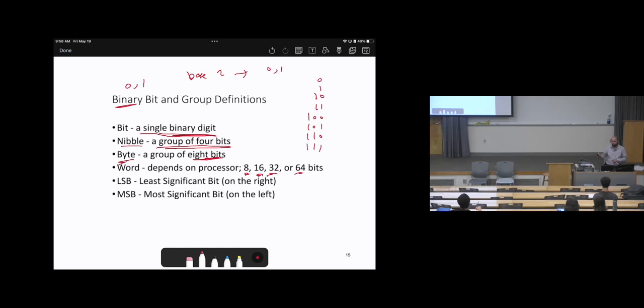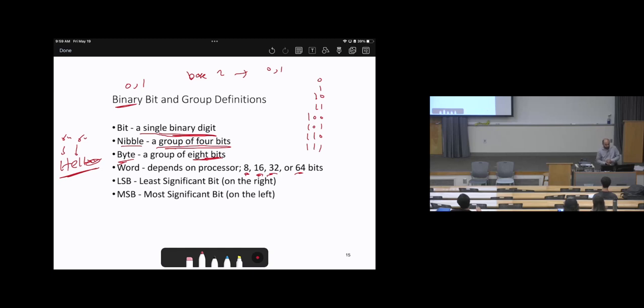For example, a word hello. This does not mean the whole word will be stored as 64 bits. Each letter will be 64, this will be 64, and so on. But we will call it a word because it will be stored in the microprocessor this way. Okay?